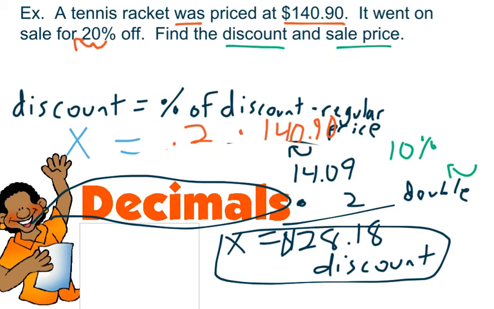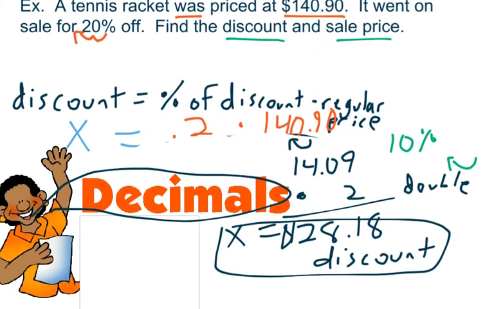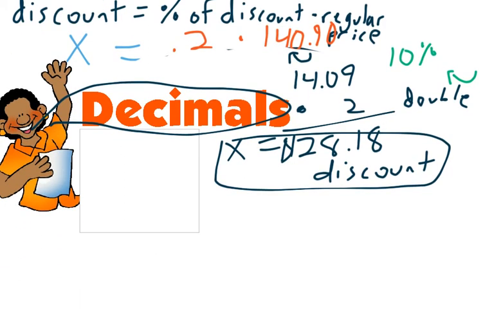Now to find the sale price, it dropped $28.18 from the regular price. So since it's dropping, that indicates subtraction. So we're going to take our original amount, the $140.90. We're going to subtract our discount amount of $28.18.